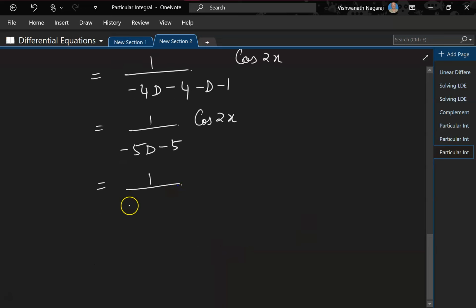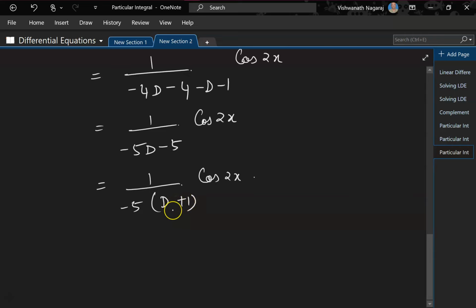We can take out −5, so we are left with 1/(−5(D + 1)) cos 2x. Now this D + 1 is tricky because we want it in D² minus a² format.